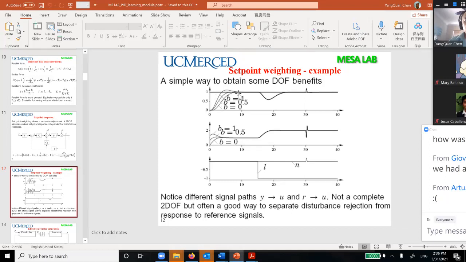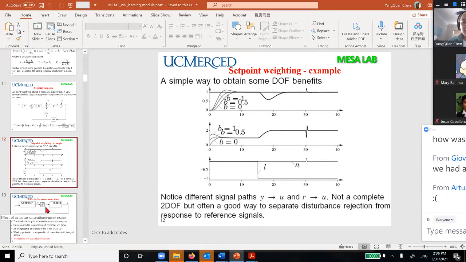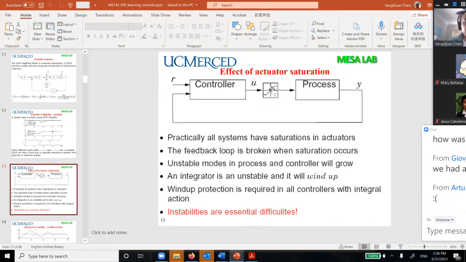So you have a bigger weight, so you have a faster response. I think that weighting makes sense. Say, for example, you have b bigger, then you can say, I pretend your reference is 2, not 1. So you just chase it faster, right? So that's the idea.